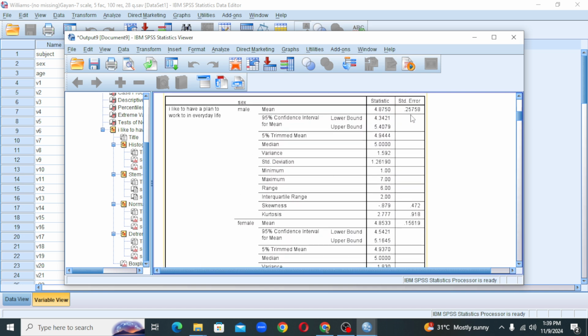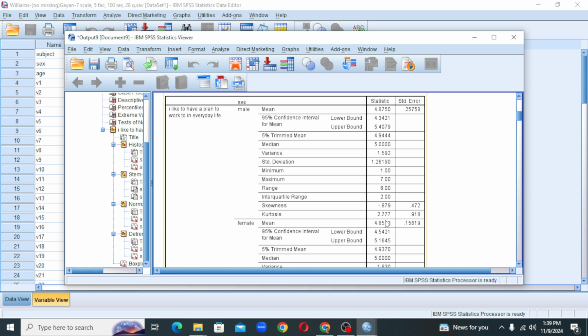Now we will be running the test after a while. So just imagine, for males that is 4.87, for females 4.85. This is almost the same. So once we run the test, most of the time we will be getting that the null hypothesis is correct. That means there's no significant difference.